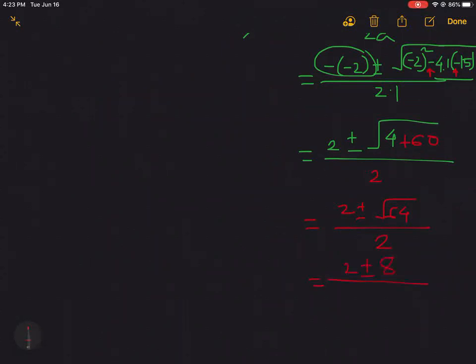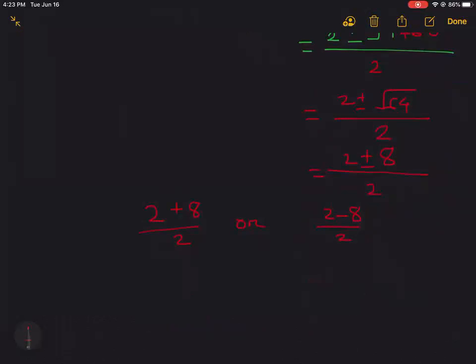So 2 plus minus 8 over 2. All we have is 2 plus 8 over 2 or 2 minus 8 over 2. So our x-intercepts: 8 plus 2 is 10, 10 over 2 is 5. And 2 minus 8 is negative 4.